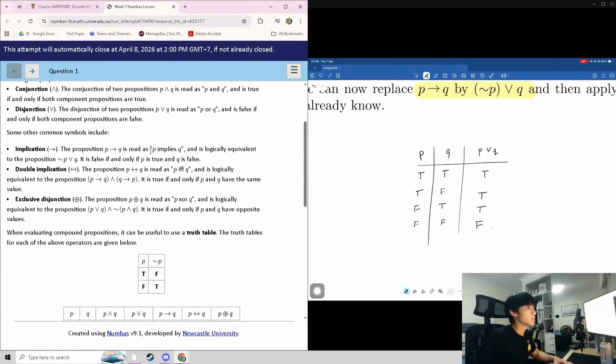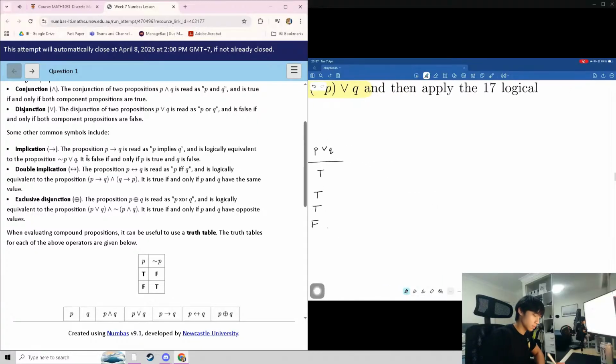Implication: P implies Q is logically equivalent to the proposition not P or Q. It is false if and only if P is true and Q is false. Let's see it.